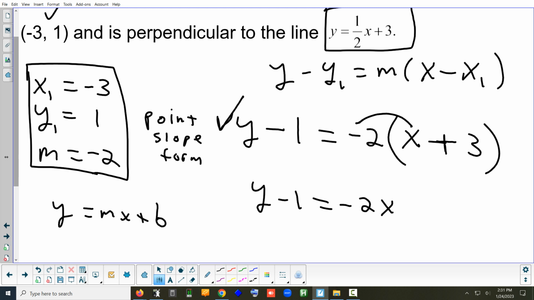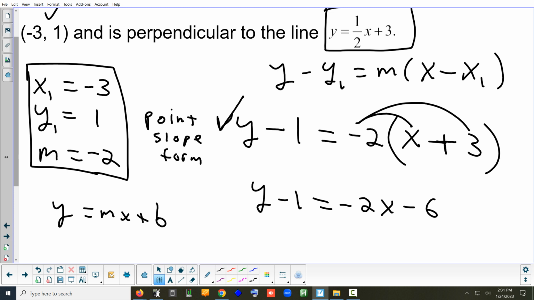Yep. And what's -2 times +3? No, we're multiplying. Except it's negative 2 times 3. Negative 6, yep.